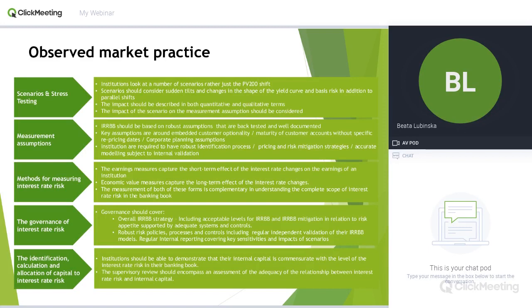And then we have the risk policy, the interest rate risk policy. We have the processes, controls, including, as I said already, validation and the audit, which covers all sensitivities and impacts of scenarios. And we have the reverse stress testing, which is something new included into the IRBB suite quite recently.